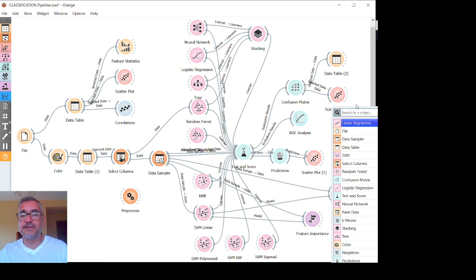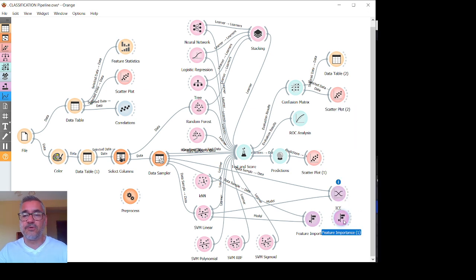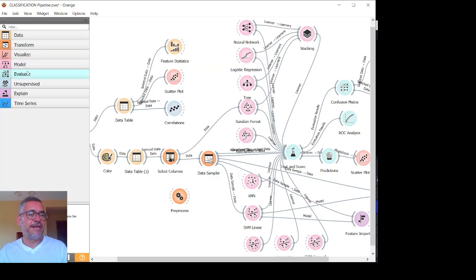I can right click here, add another feature importance node, and connect it to a different algorithm. I can have as many feature importance nodes as I want. And the last thing I want to note here is this ICE node comes from the explaining part of machine learning. As you can see here, it's included in the explain menu.